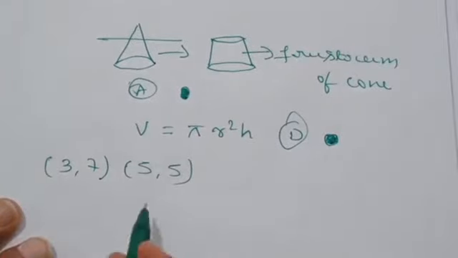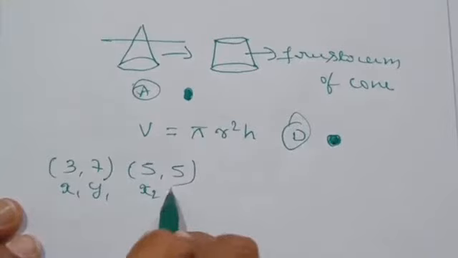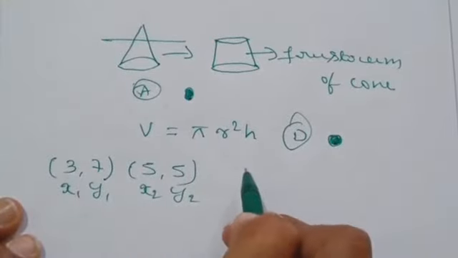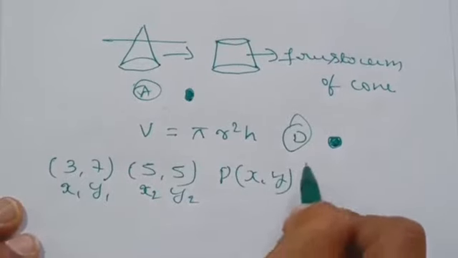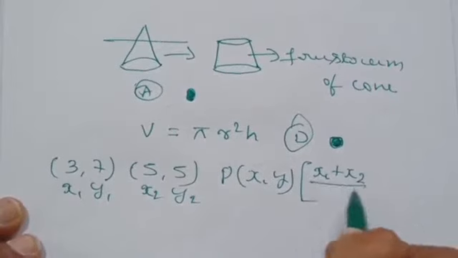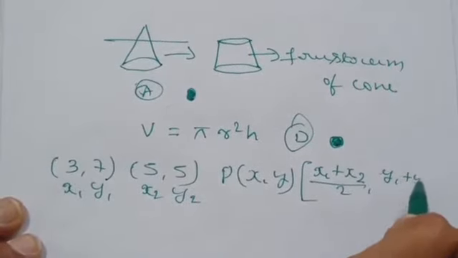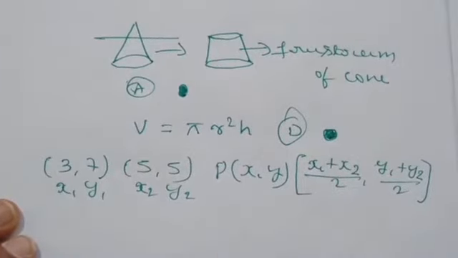First you need to call this point as x1, y1, this as x2, y2. Now we need to write out the formula. So the formula will be p of x comma y equals x1 plus x2 by 2 comma y1 plus y2 by 2. Now this is the formula to find the midpoint of the given coordinate points.